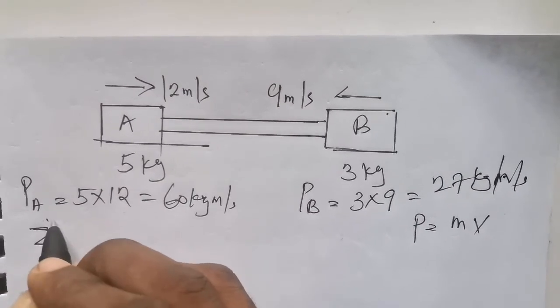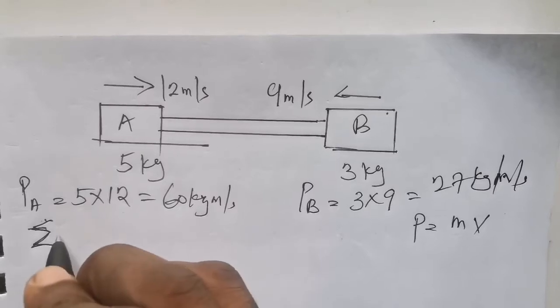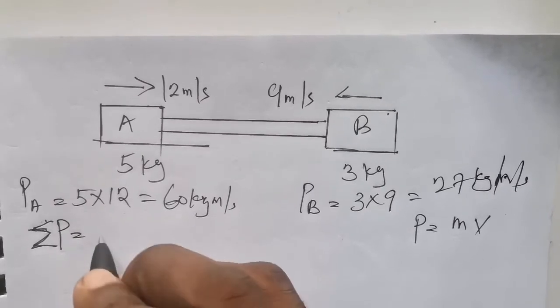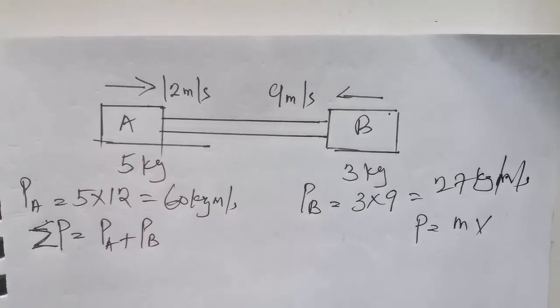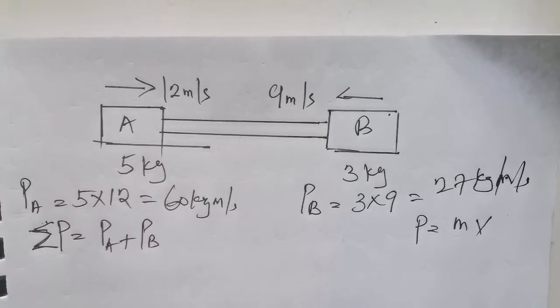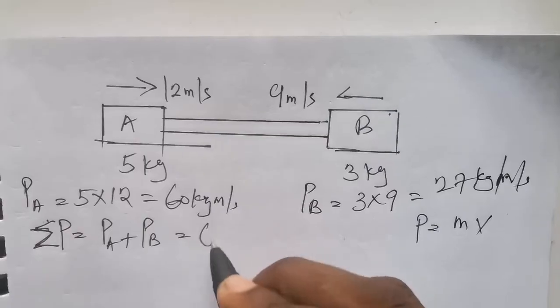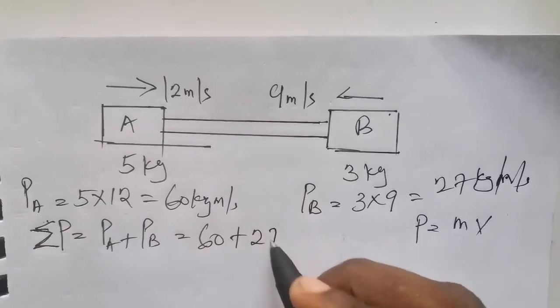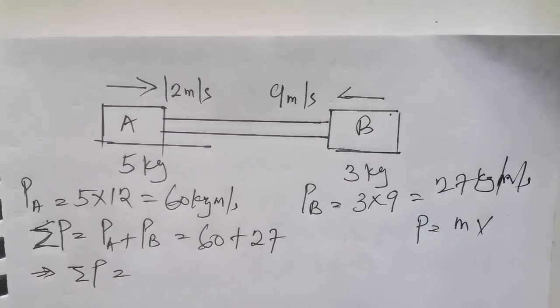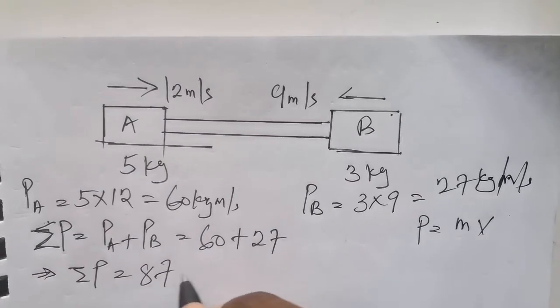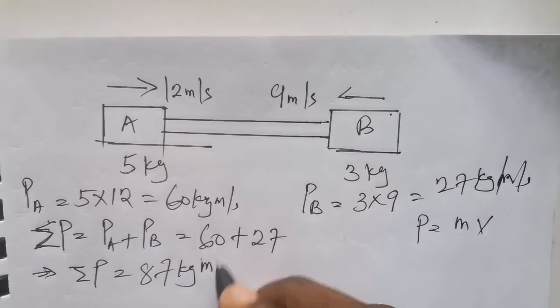Summation P is momentum of A plus momentum of collar B. This is the total momentum before collision. So you have 60 plus 27.